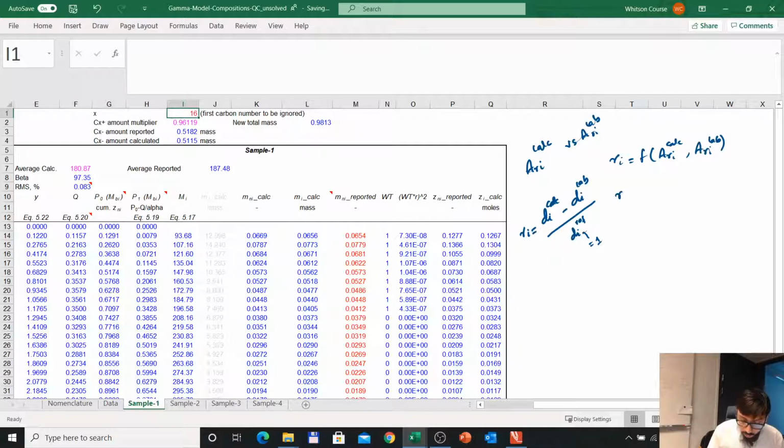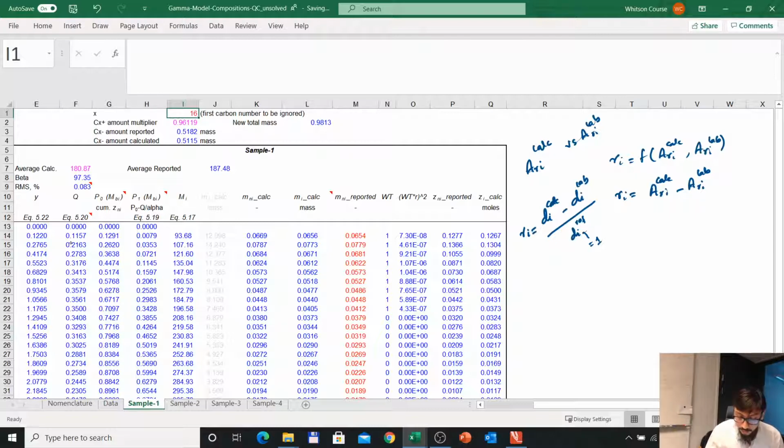So we can write it like ARI calculated minus ARI lab, and then we know the reference is 1, so that doesn't matter.